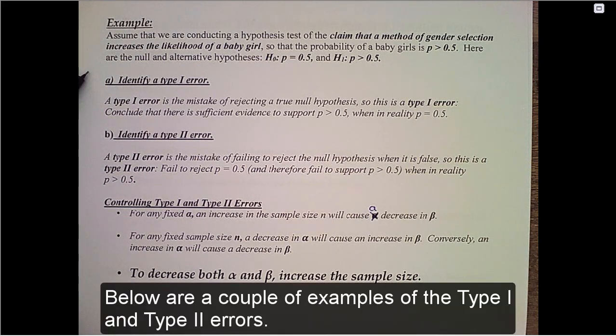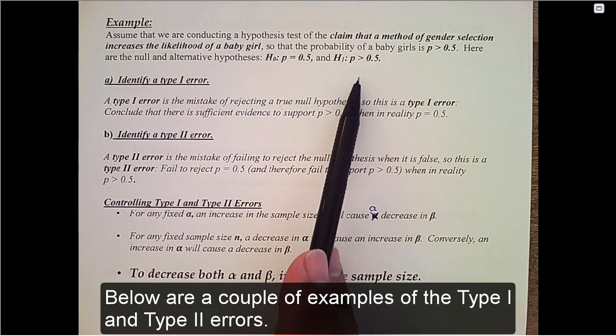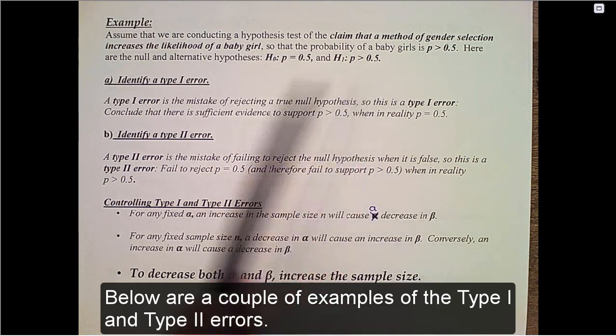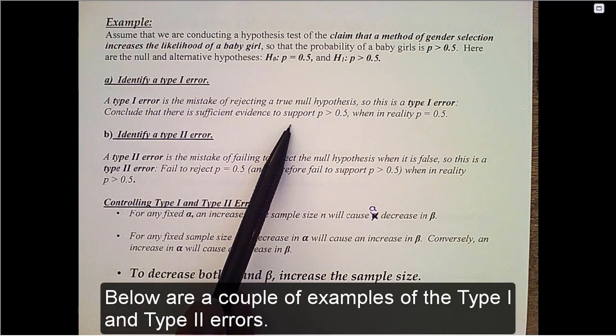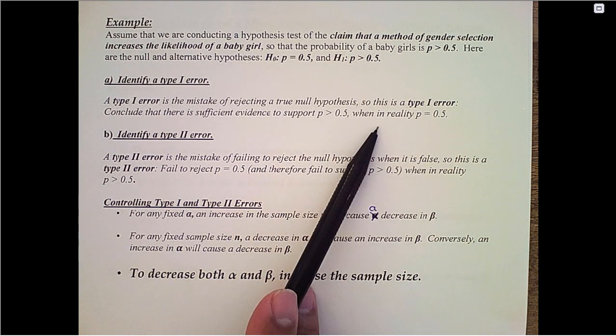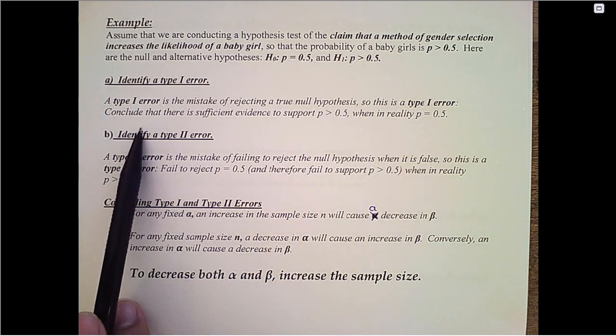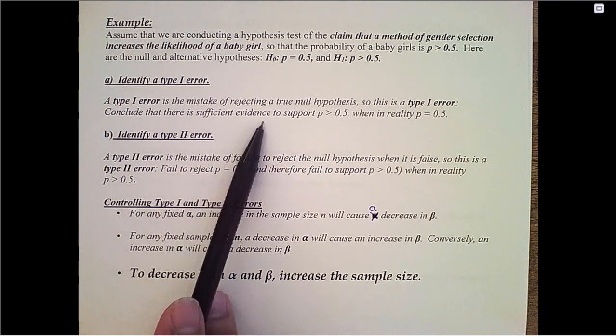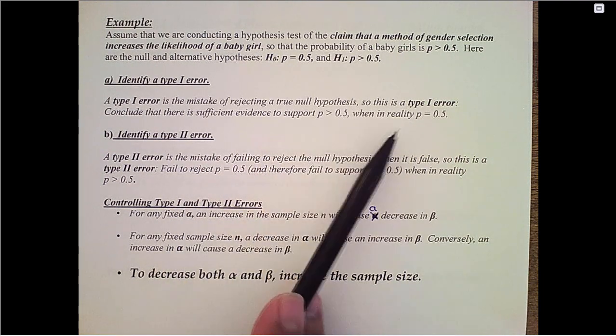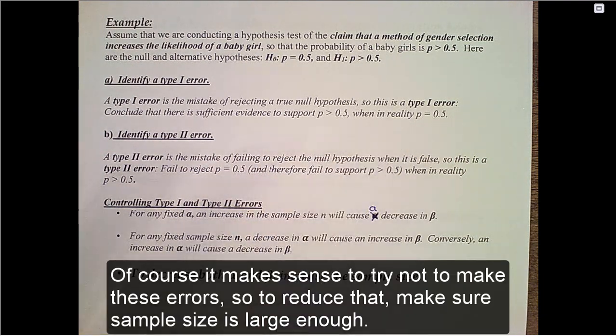Below are a couple of examples of type 1 and type 2 errors. Of course, it makes sense to try not to make these errors, so to reduce that, make sure the sample size is large enough.